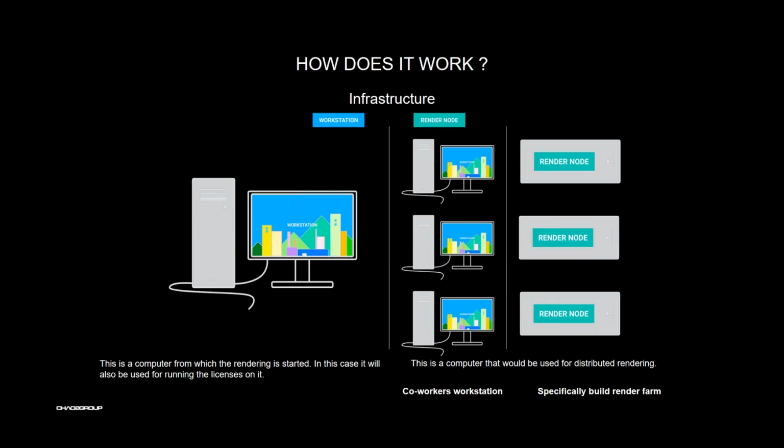We can use the infrastructure in our office based on our co-workers' workstation. That means that we can set distributed rendering using, for example, in the nighttime to start a job or a set of jobs in the nighttime, and in the morning the job will be finished.